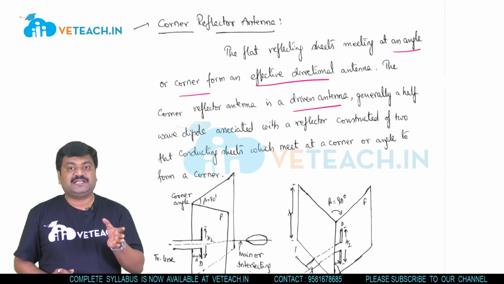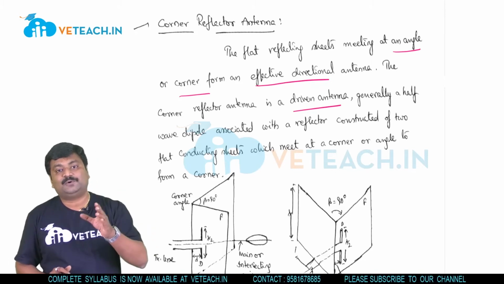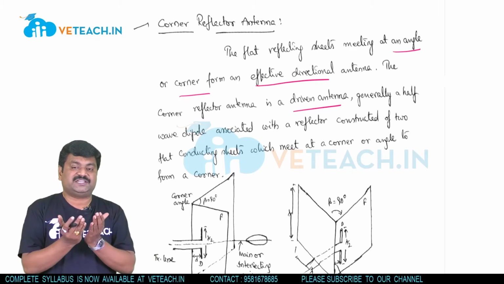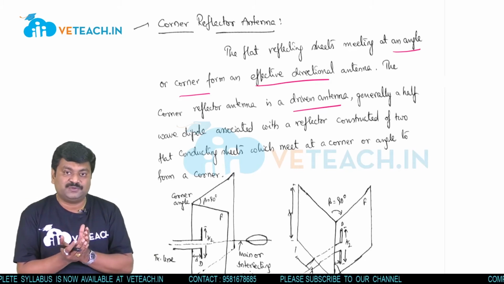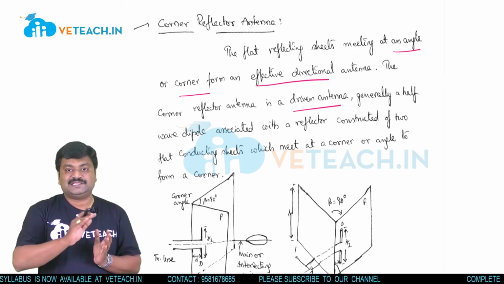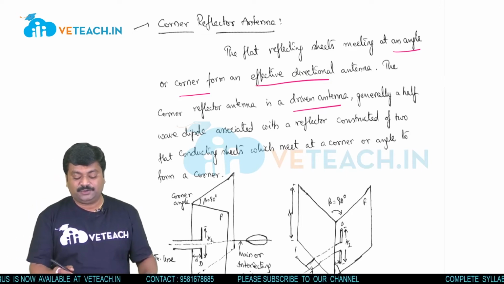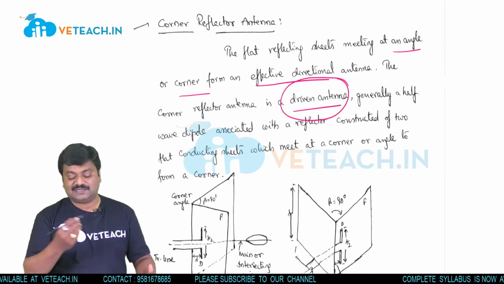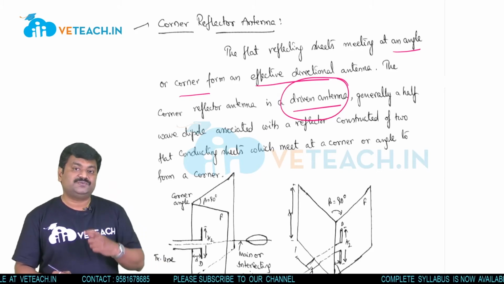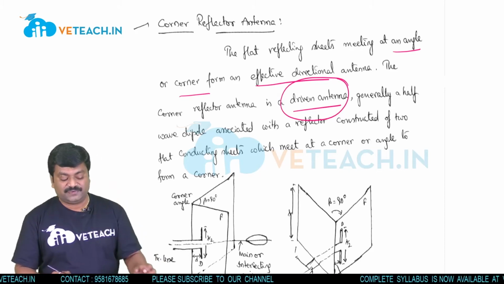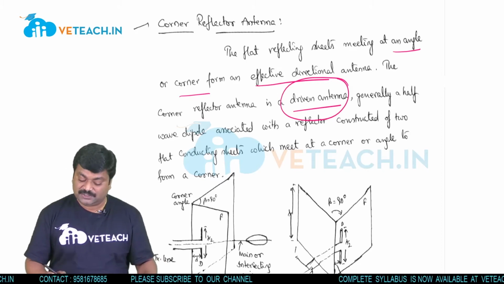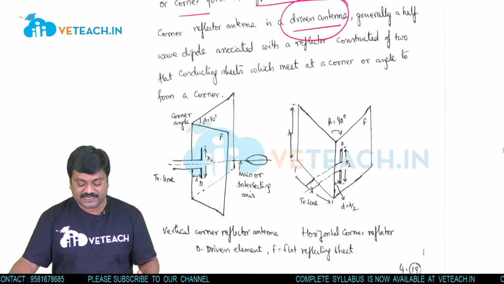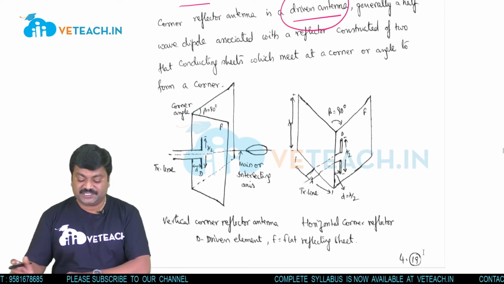But a parasitic element is dependent upon a driven element. But here, when I am using two flat sheets, that is two reflectors, then obviously this parasitic element is going to be converted into a driven element, which is always a half wavelength or half wave dipole, meeting at a corner, as I said earlier.